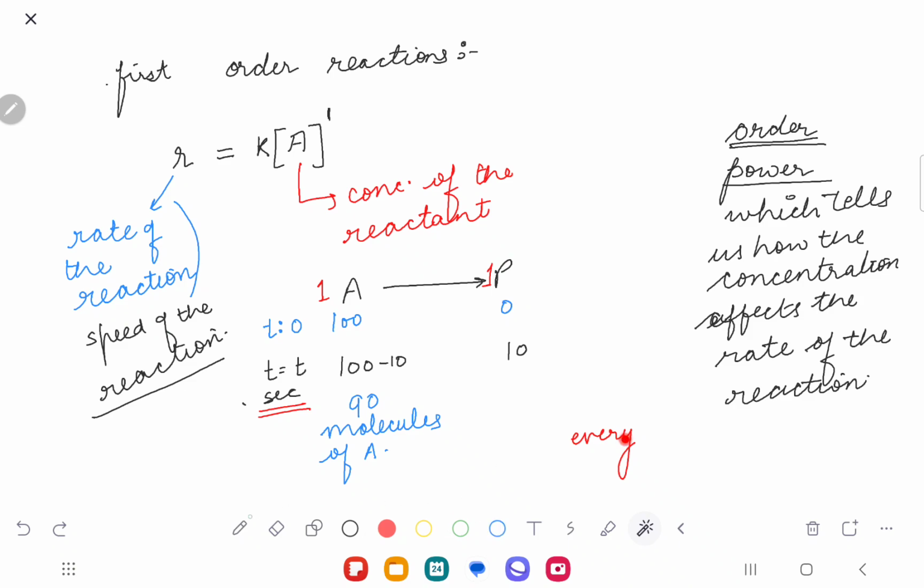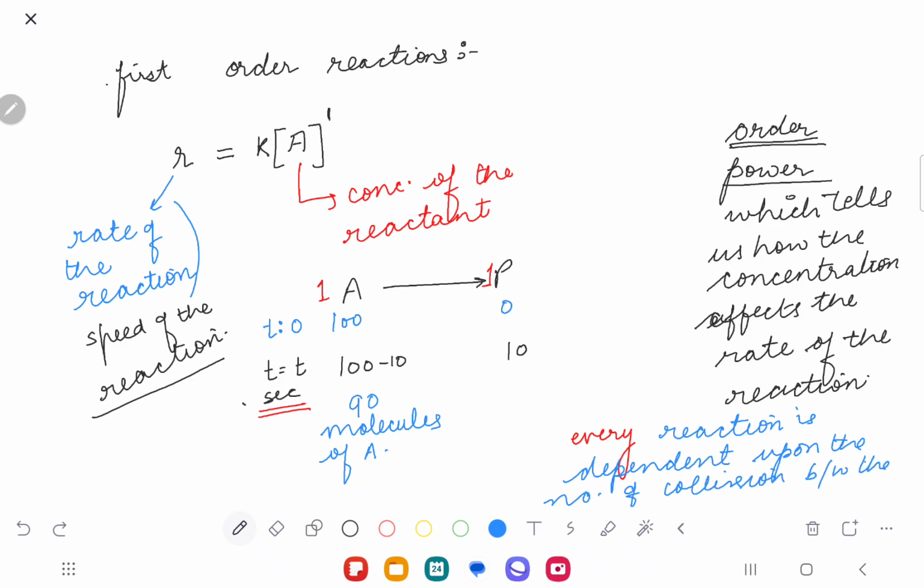So basically every reaction is dependent upon the number of collisions between the reactant molecules.